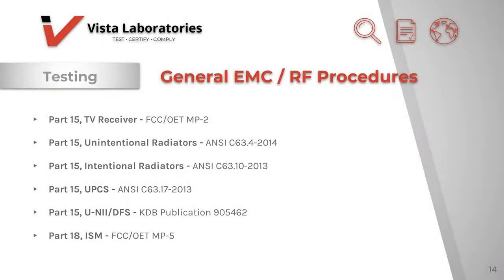For general EMC and RF measurement procedures, we have the measurement of UHF noise figures of TV for FCC Rule Part 15 for TV receivers. For Part 15B, unintentional radiators, the procedure is ANSI C63.4, the method of measurement of radio noise emissions from low-voltage electrical and electronic equipment in the range of 9 kHz to 40 GHz.